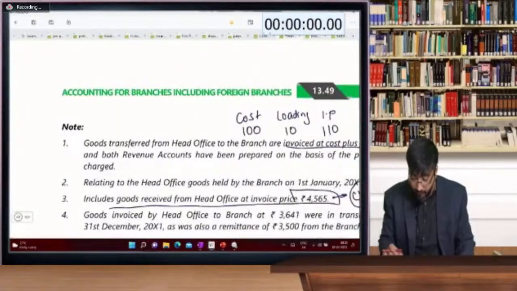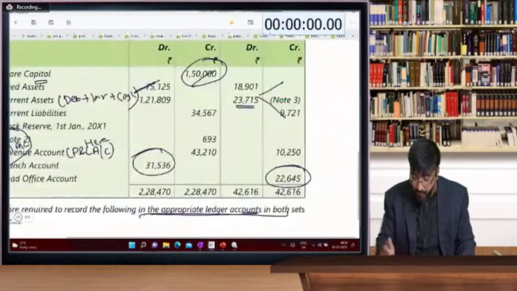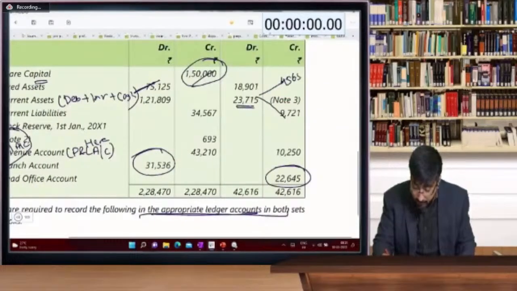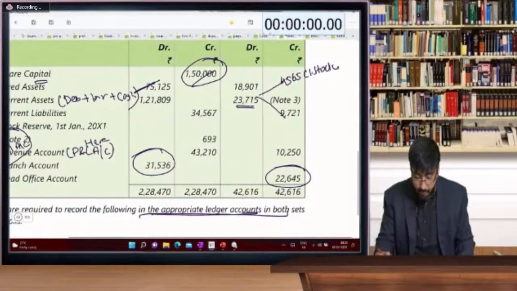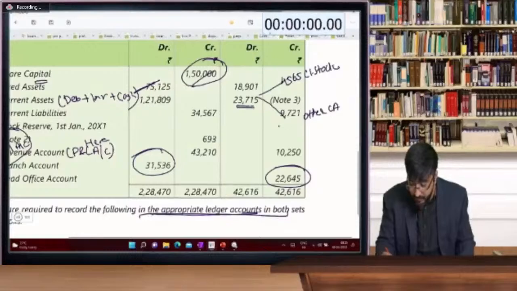23,715, out of this 4,565 is closing stock and remaining is other current assets, the balancing figure.